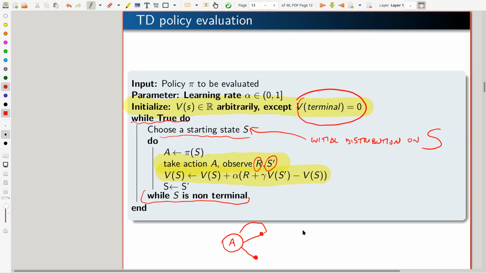Okay, but let's say we have a deterministic environment. When you do action 1, you land in B, and when you do action 2, you land in A. And your policy is the policy giving in A always 2.